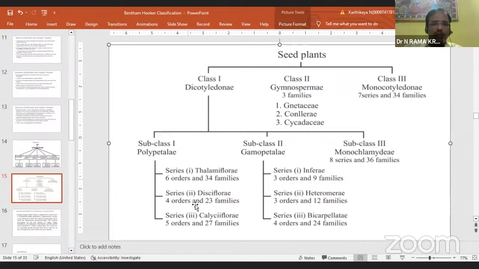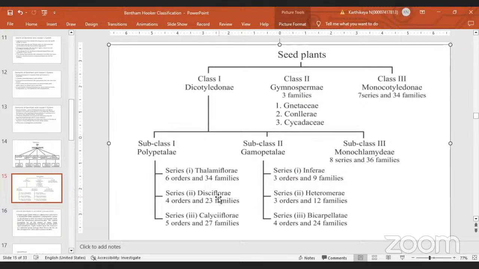Next point: Disciflorae. What is the meaning of Disciflorae? When we look at the base, it looks like a disc shape. We call that Disciflorae. And the next one is Calyciflorae.